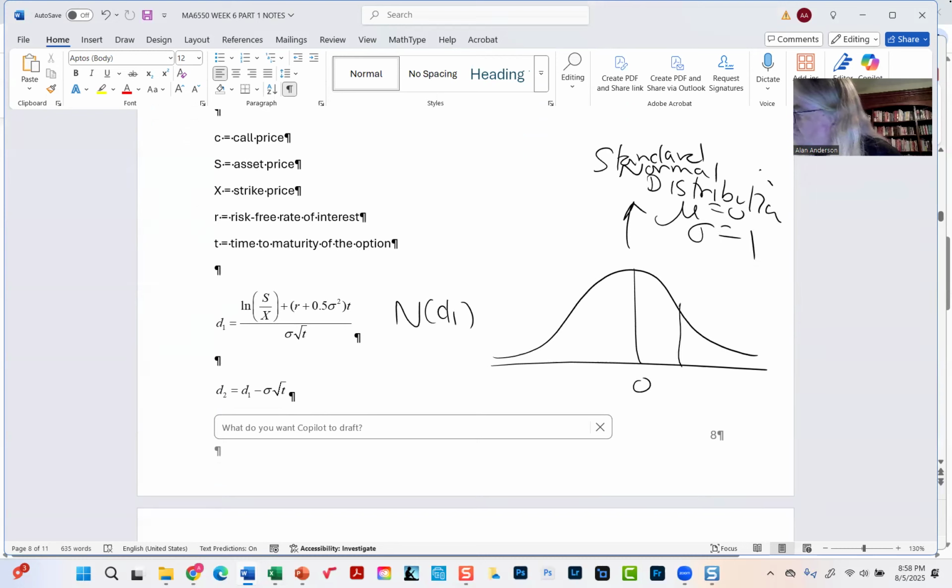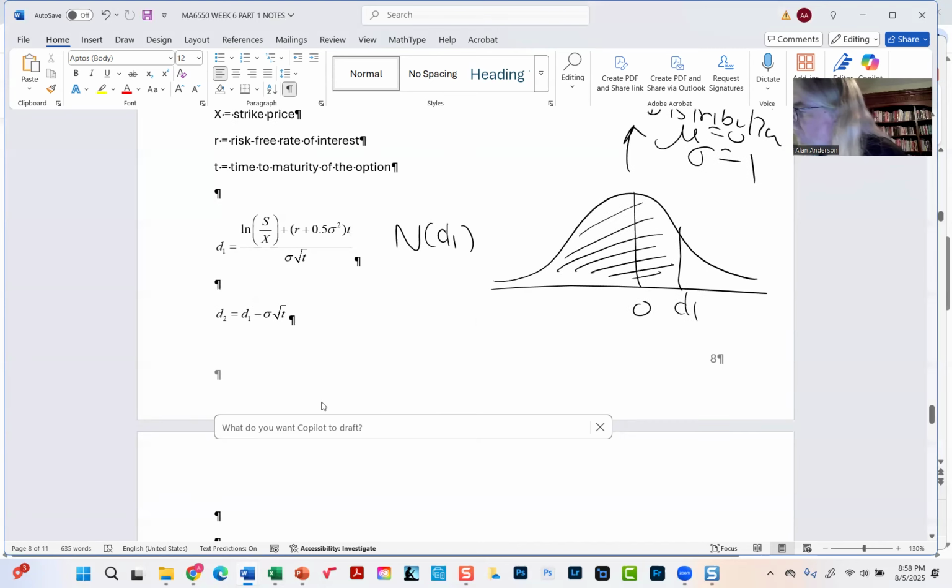So if, let's say, D1 is here, the N(D1) refers to the shaded region, which in turn can be interpreted as the probability that Z, which is our standard normal random variable, is less than or equal to D1. So think of it as a cumulative probability.